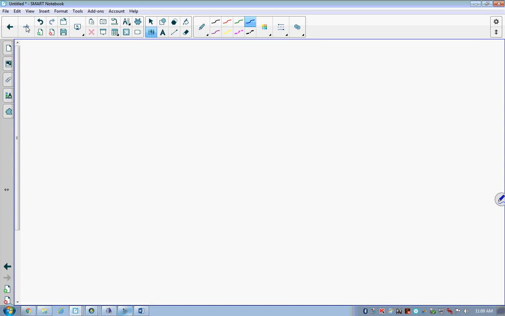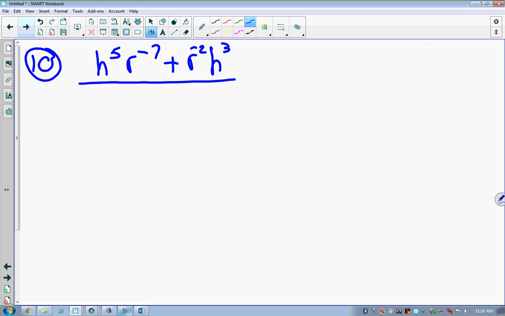All right, number 10. All right, let me hold this one up here. Yeah, you're going to split these. So h to the 5th, r to the negative 7, plus r to the negative 2, h cubed over, okay?